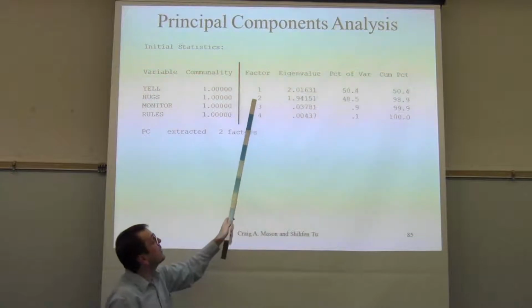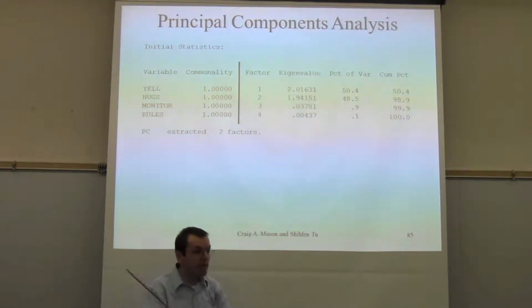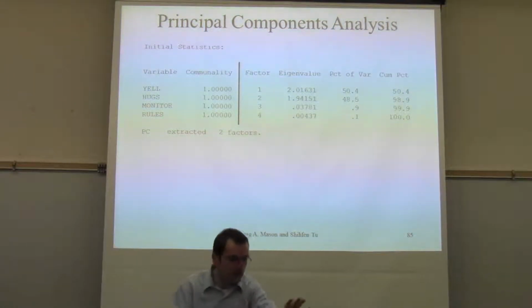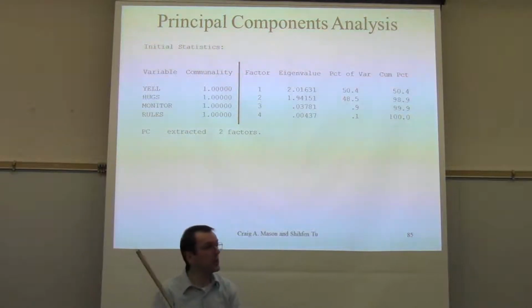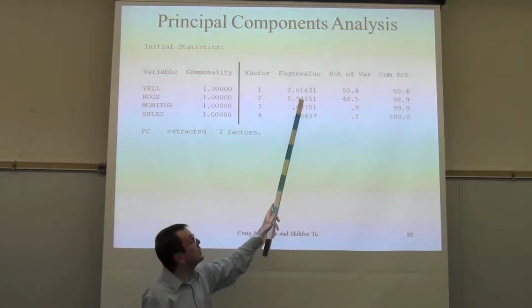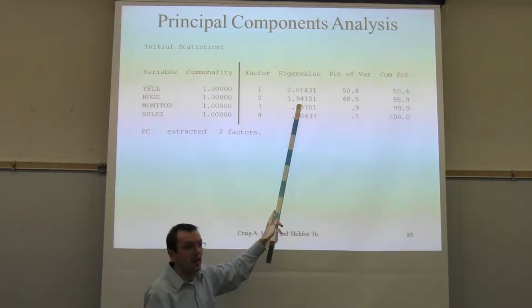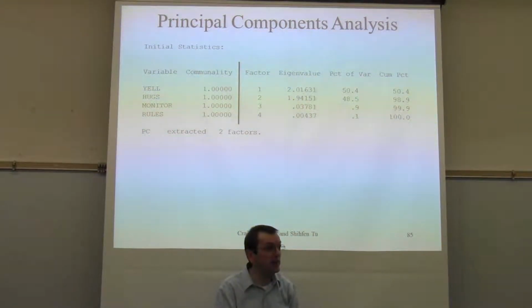So we have 4 variables, and we see that first factor. That first box, when we've dumped out hugging, yelling, monitoring, all the information, and we've repackaged it, we're able to put 2.01 eigenvalues worth of information into that first box, into that first factor.